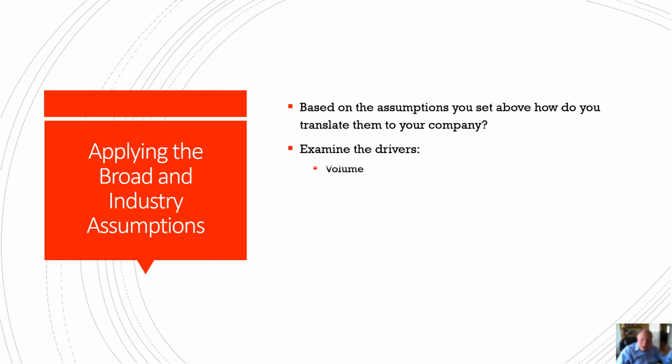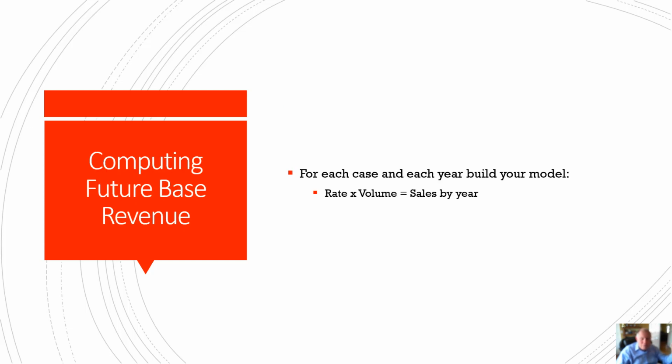You're going to look at the drivers. Again, back to volume, back to rate. Everything is going to be about this rate and volume. So you've got to make an assumption for how you think each driver will respond in each case. Now, we'll go through this in more depth in the next video when we actually go through the sample for Steel Dynamics.